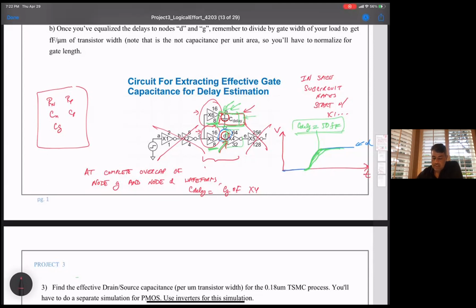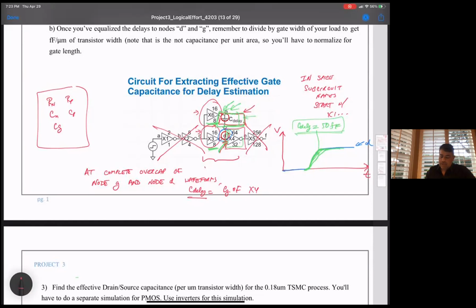As D makes the transition, your transistors turn on and off, and those values are changing. So try to get them as close as you can to overlapping, but you'll never get them exactly overlapped. But once they're reasonably overlapped, then C delay is the same as the gate capacitance of this inverter.